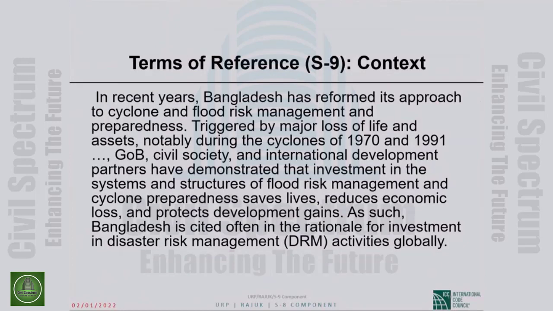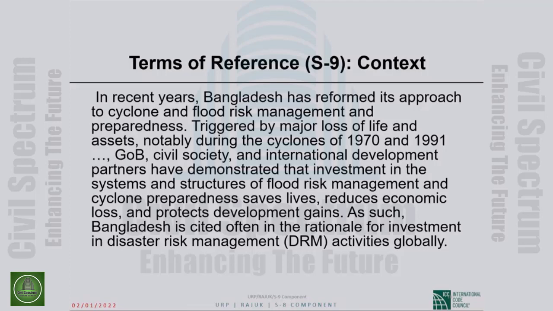The building code enforcement project that we are doing for the World Bank. This is from the terms of reference of that project. And I thought that this is kind of relevant to our discussion today. In recent years, Bangladesh has reformed its approach to cyclone and flood risk management and preparedness, triggered by major loss of life and assets, notably during the cyclones of 1970 and 1991.